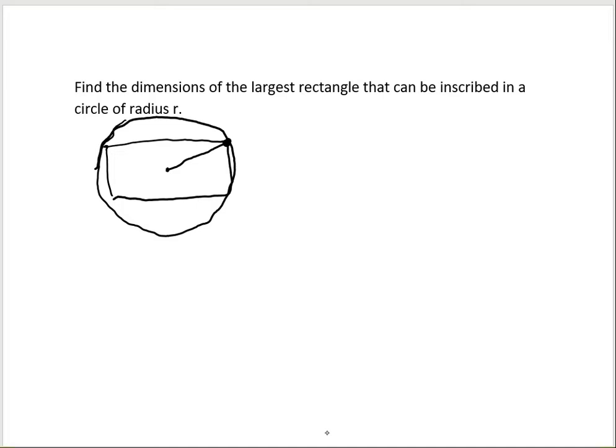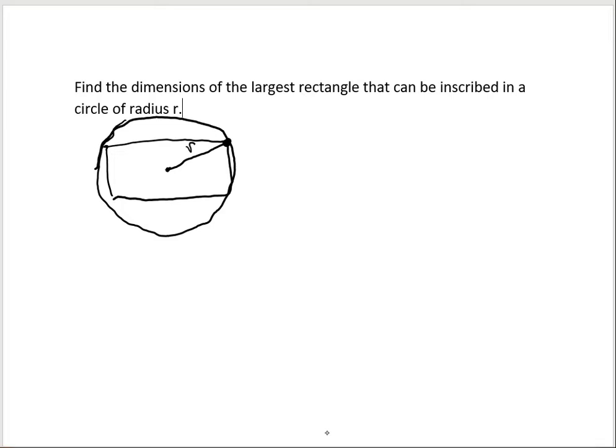That is, the distance from the center of the rectangle to the corner is the same as the radius of the circle. I'm making sure that this rectangle is lying inside the circle.